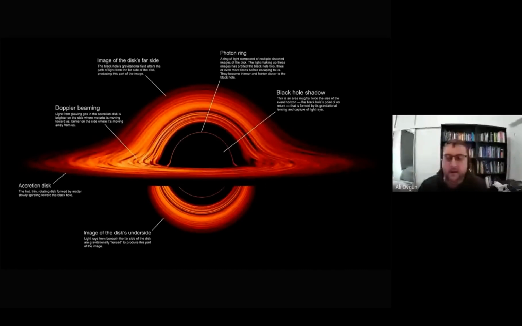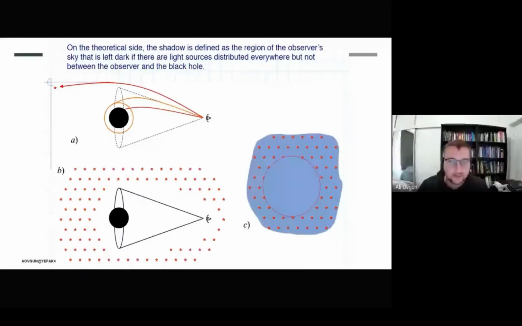On the theoretical side, the shadow is defined as the region of the observer's sky that is left dark if there are light sources distributed everywhere, but not between the observer and the black hole. So it produces a shadow image.